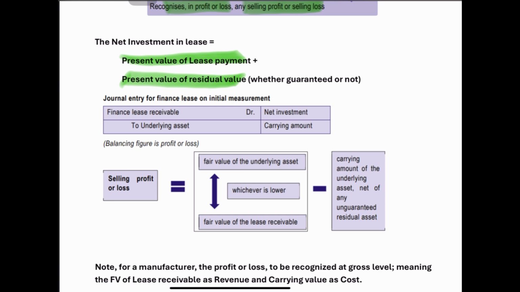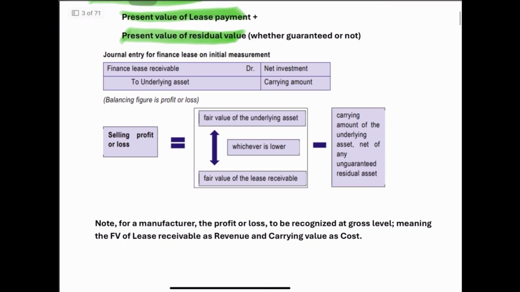Together, the present value of lease payments plus the present value of the residual value will be the net investment in lease. How to compute selling profit or loss? Selling profit or loss is equal to the fair value of the underlying asset or the fair value of the lease receivable, whichever is less, minus the carrying amount of the underlying asset.